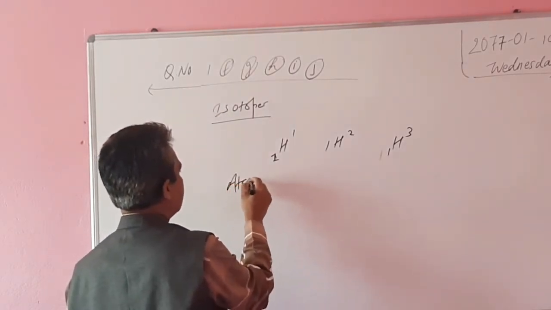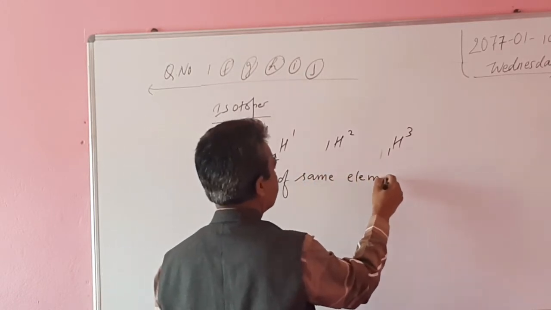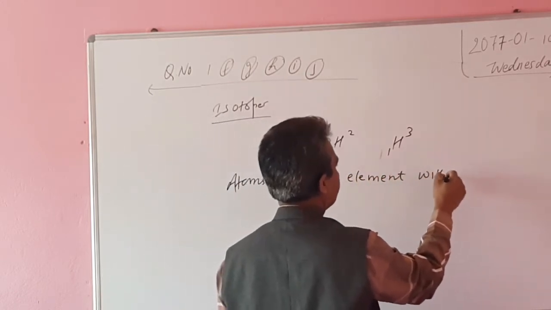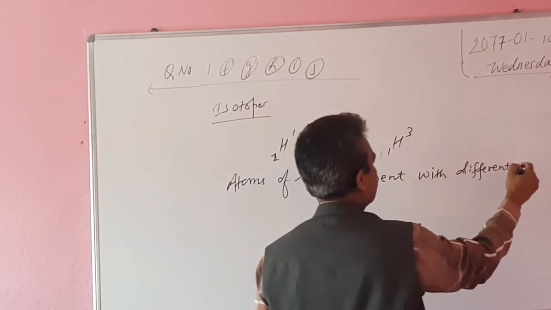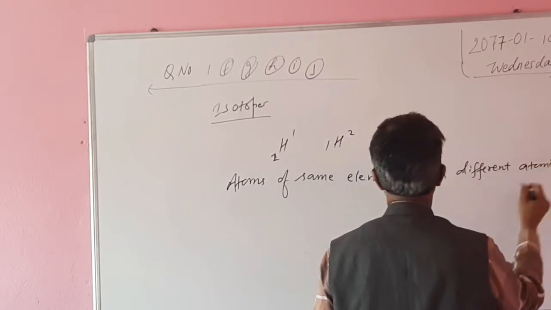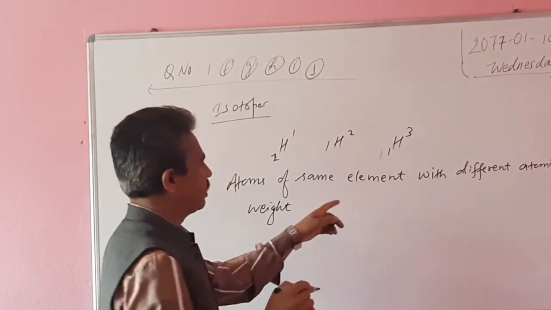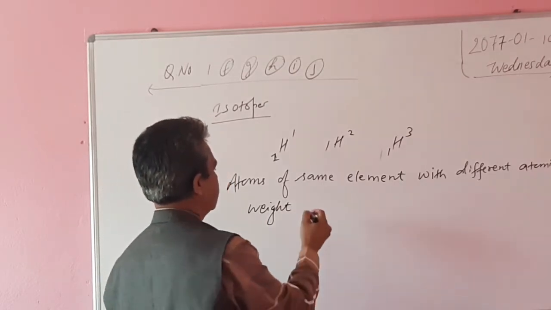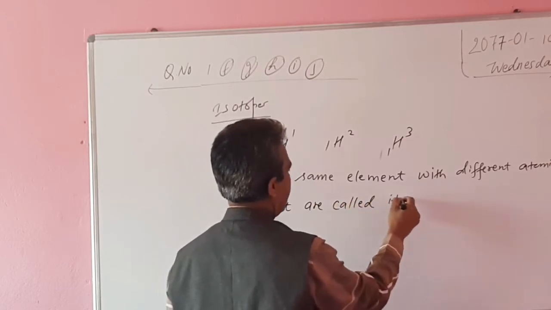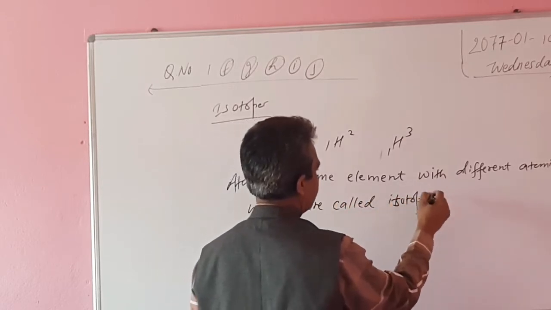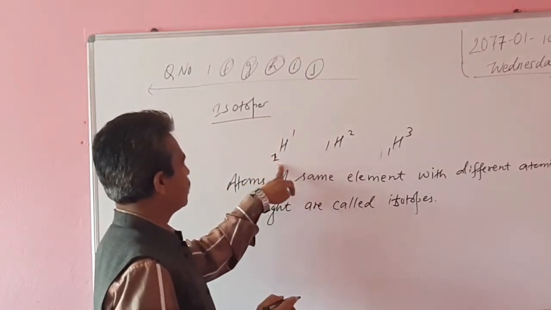So atoms of same element with different atomic weight are called isotopes. So if the question is said to give the examples of isotopes, you can give protium.